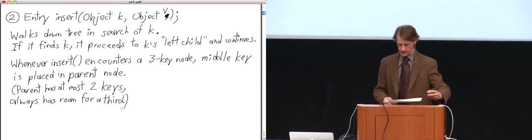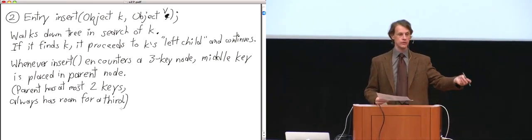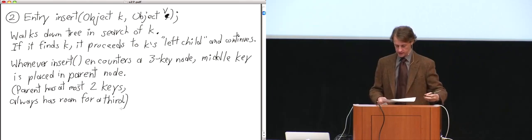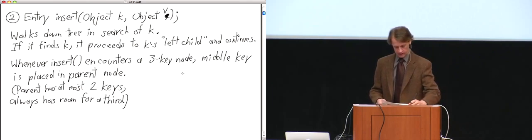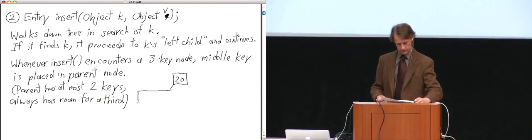So when you do this, it's a little more complicated than just moving a key from a node to its parent. You wind up restructuring the children of the parent as well. And here's how that works. Suppose that this is a part of a 2, 3, 4 tree, or maybe this is the whole 2, 3, 4 tree.